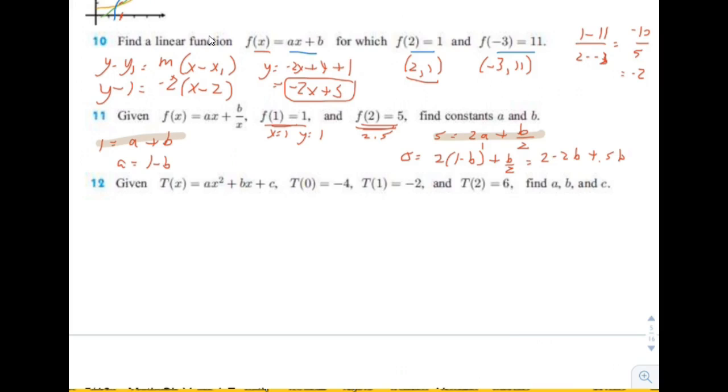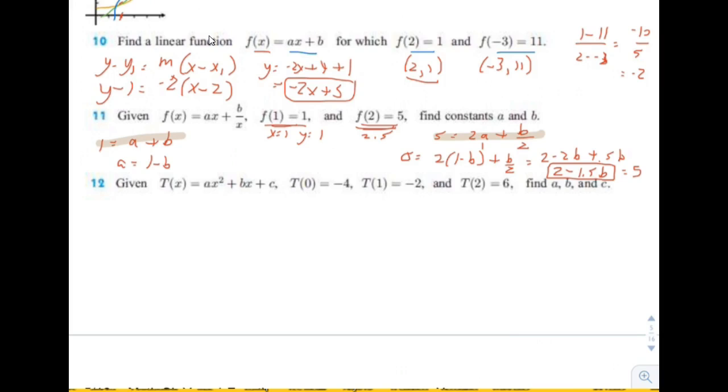So it is 2 minus 1.5b. Okay, and that is equal to 5.